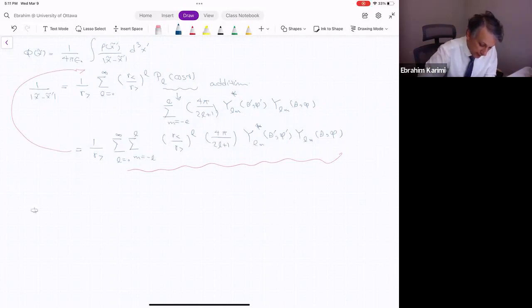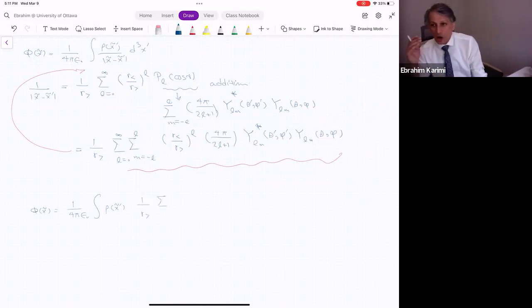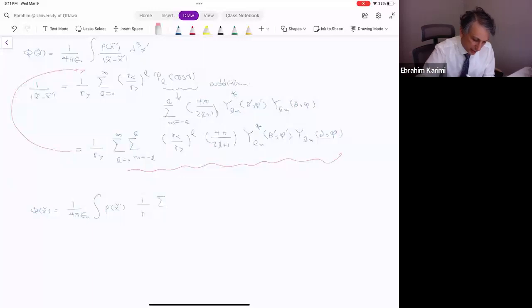So phi of x indeed will be 1 divided by 4 pi epsilon 0, integral of rho of x prime, 1 divided by r greater, summation. And we assume that r is greater than r prime, so in this calculation that will be r.